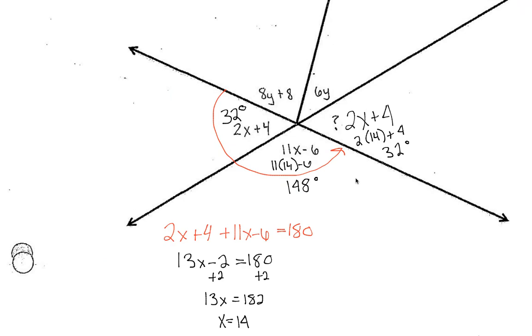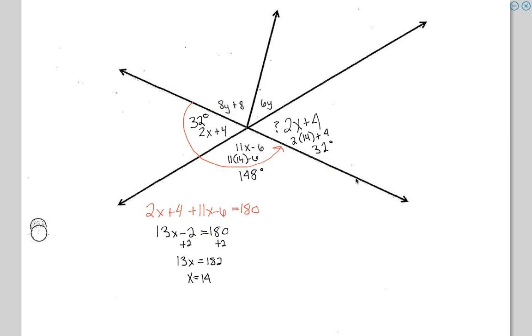Now there's two ways we can think of this. There's actually more than two ways. One, we can say that all three of these angles should add up to 180. We don't know what these two by themselves should add up to. Actually, we do. These two angles should add up to 148 because these are vertical. So there's another way.